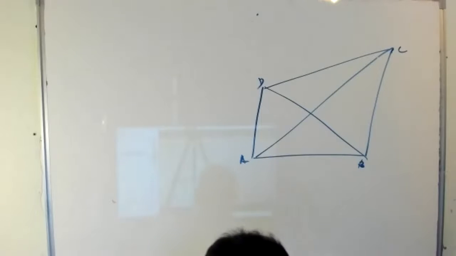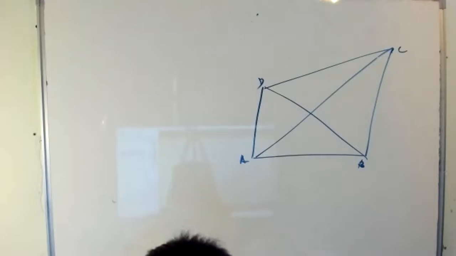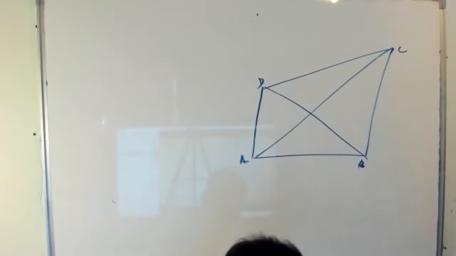Right. The word quad, Q-U-A-D, means four. And the word lateral, L-A-T-E-R-A-L, means sides.